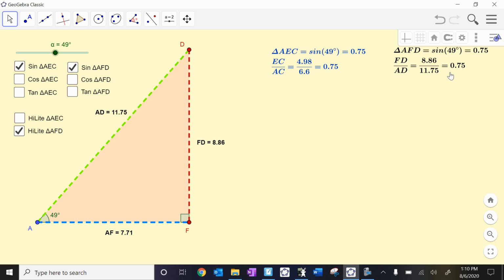Okay, so that's the idea that we're dealing with. If I take sine of 49 degrees, that should be equal to the ratio of the opposite side over the hypotenuse. Okay, keep that in mind. You do the exact same thing with cosine and the exact same thing with tangent, and you should come up with the same decimal values when you find those ratios. Okay, so that's what we're going to be working on in this section.